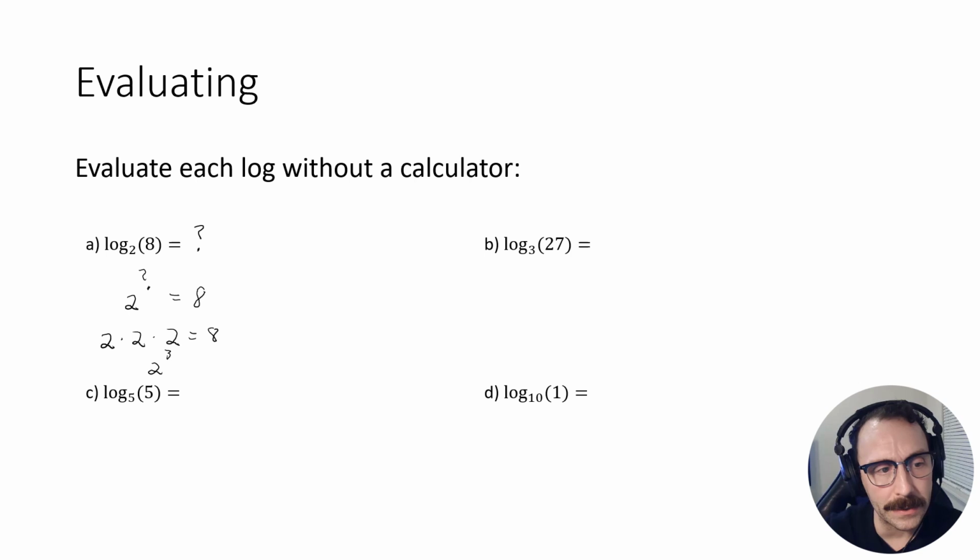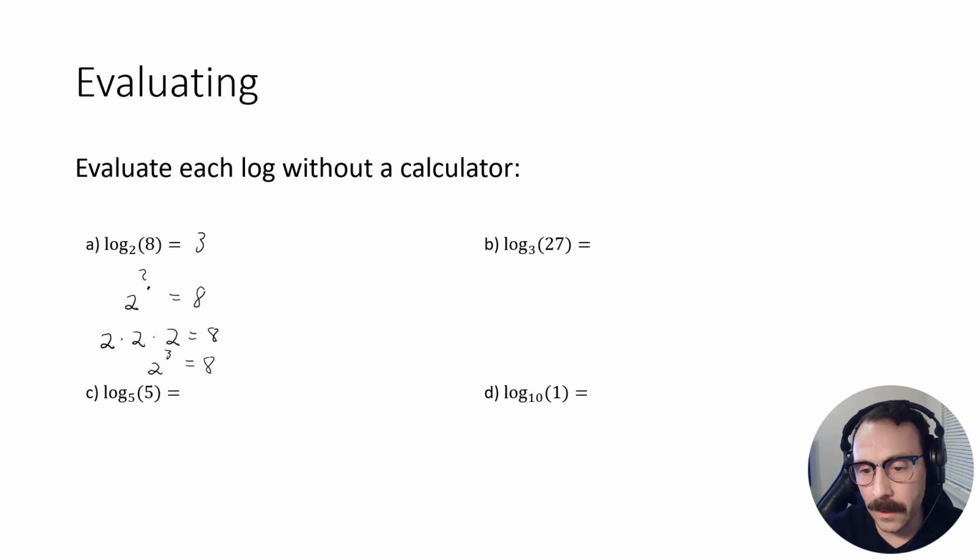There are three 2's here, and that equals 8. So log base 2 of 8 is asking, 2 to what power is equal to 8, the argument of my log, and that equals 3.